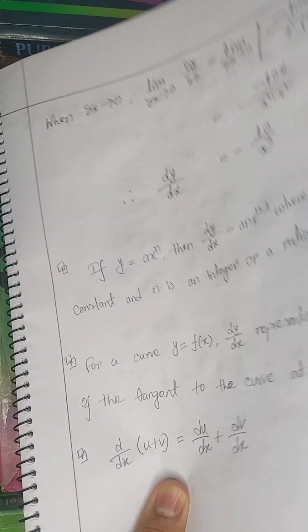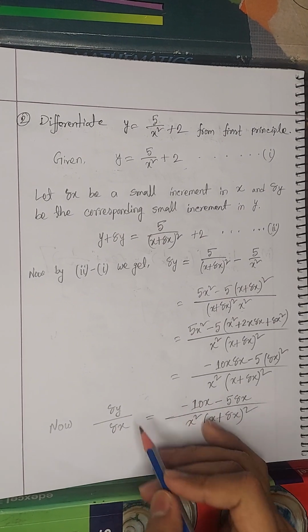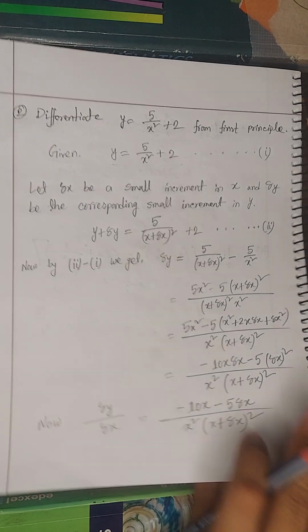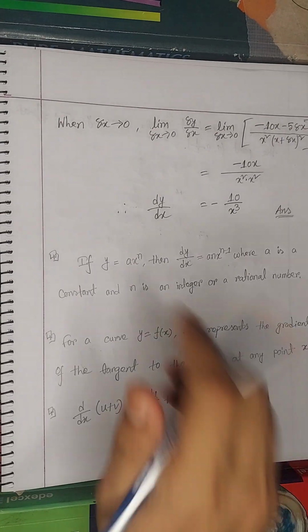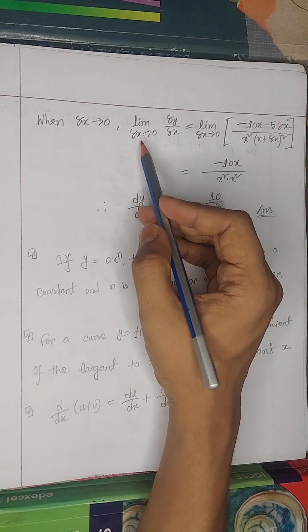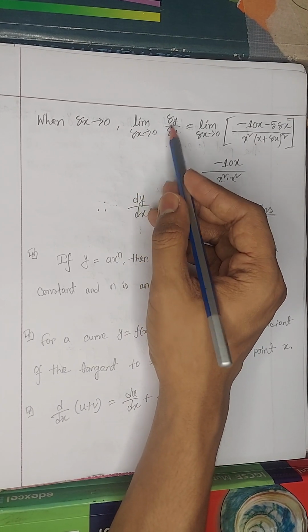In a similar way, now we have to find the limit. What will happen if delta x tends to 0, right? When delta x tends to 0, we use the limit, which is limit delta x tends to 0 of del y by delta x.